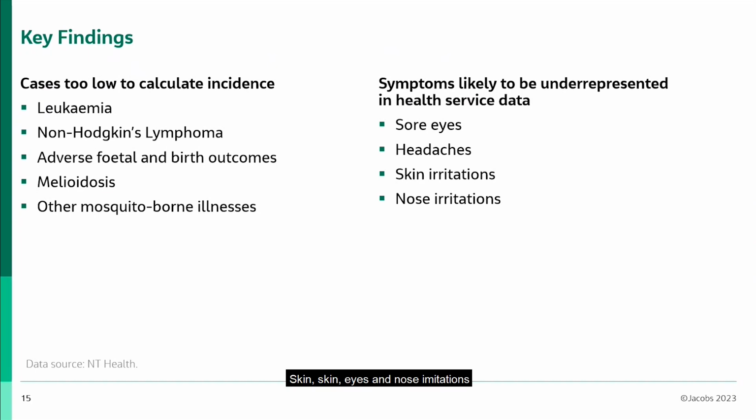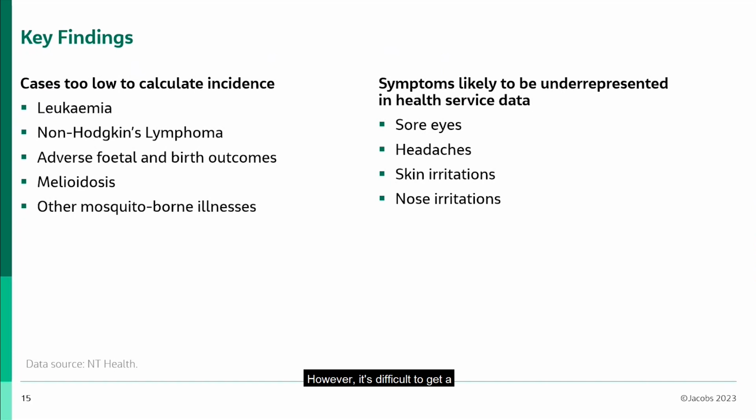Skin, eyes, and nose irritations were indicator conditions recommended from the fracking inquiry because they are among a range of symptoms commonly associated with irritant substances.